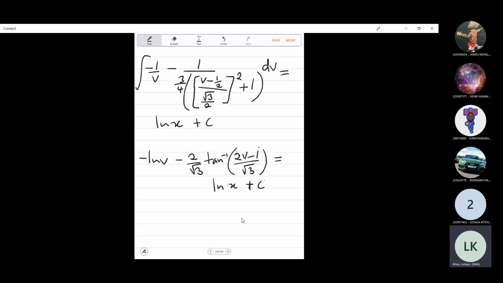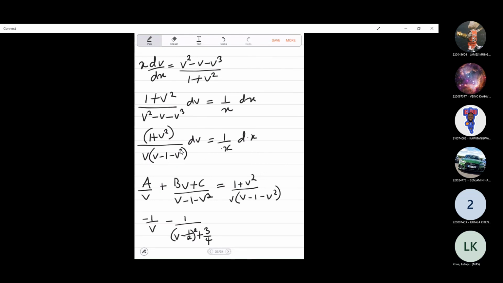So from here, what you need to do, continue, but also figure out how I got from here to there. So that means you need to go and revise your partial decomposition. Okay, so we'll stop here for today and continue tomorrow.